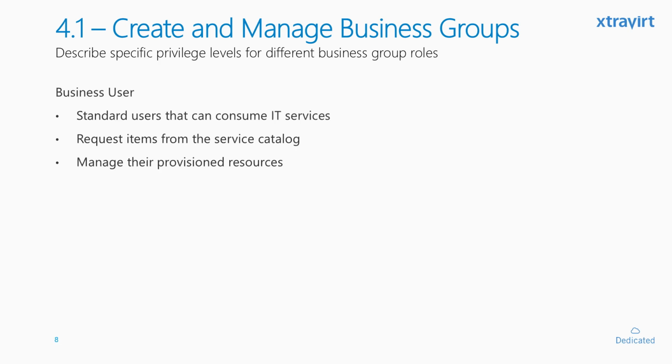The business user is just the standard user that comes along and consumes the IT services that we provide to them via the service catalog. Once they've provisioned a resource from the service catalog, they're able to manage their own resource, obviously depending on what entitlements they've been given.